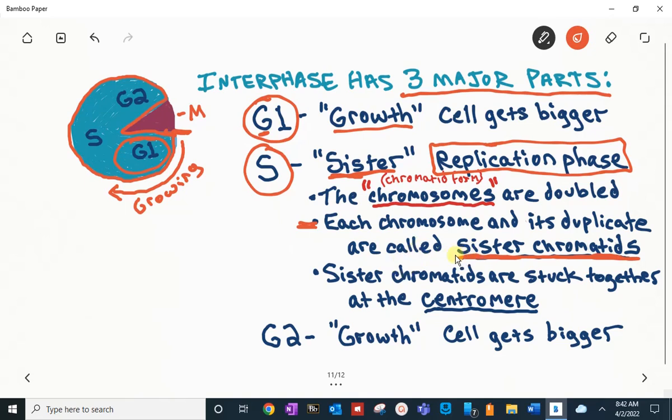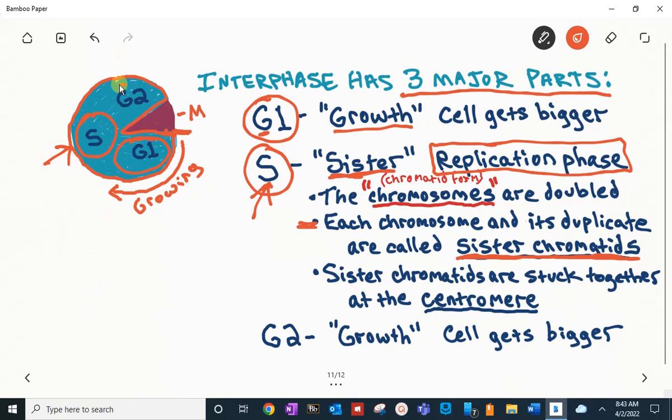So together, the two sister chromatids make one chromosome. There's still just one chromosome, but there are identical duplicates of it. They're like twins, like twin sisters. So when you think of the replication phase, think sister for S, because that's the name of the phase, the S phase. And that is after the first growth phase.